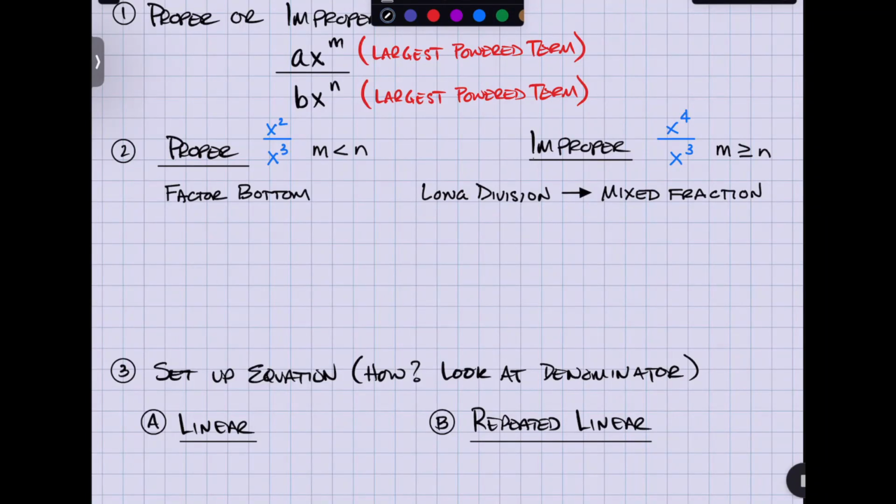Then what we're going to do is take the partial fraction decomposition on the remainder.